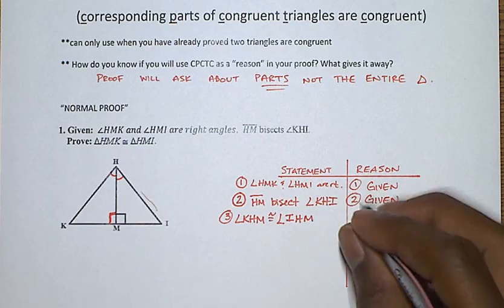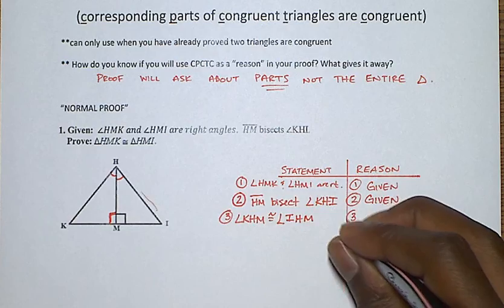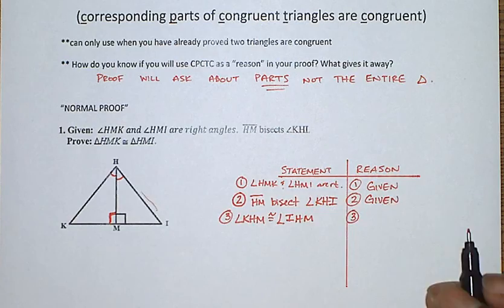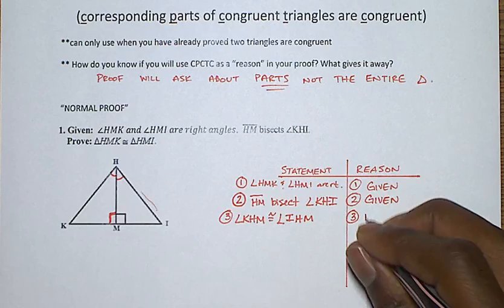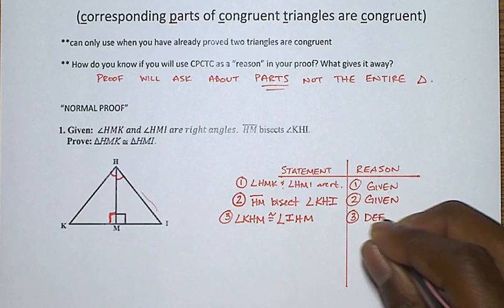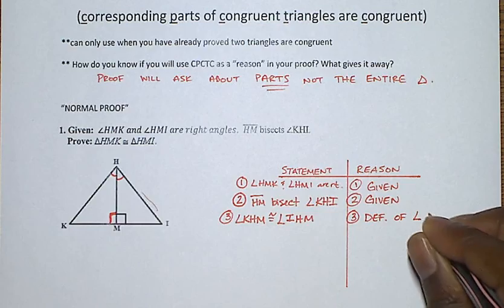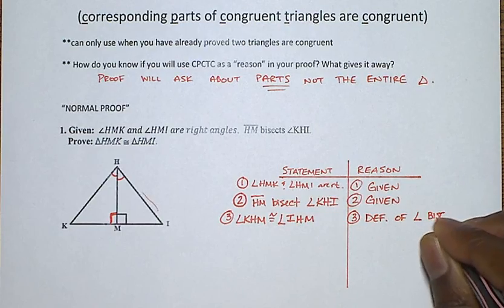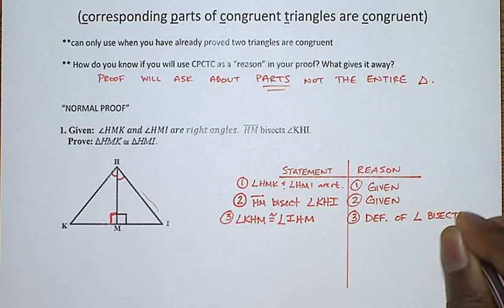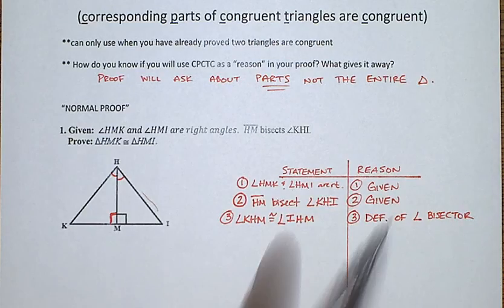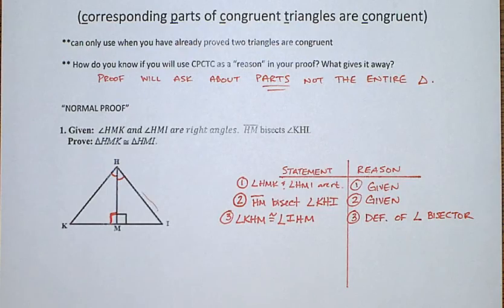Okay, and I can say that because, well, it said HM bisects that angle, right? So I'm going to say definition of angle bisector. Okay, that's what an angle bisector does. An angle bisector cuts it in half. That means those two angles are going to be congruent, so I can say that. Okay. All right, so far I have everything I have written marked.